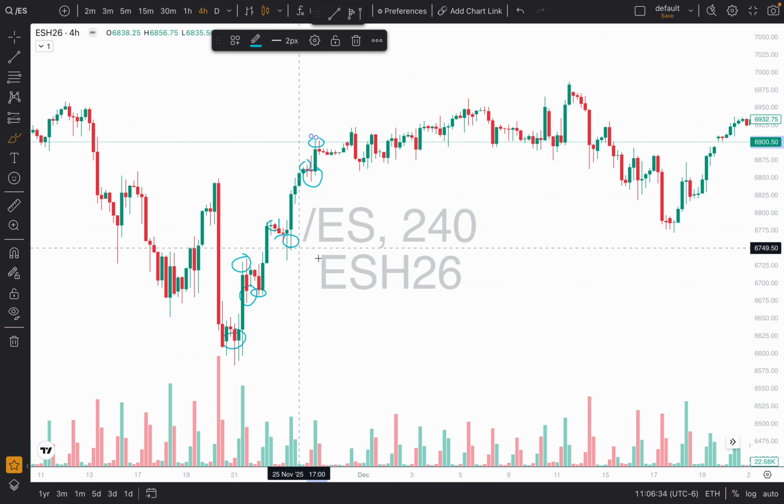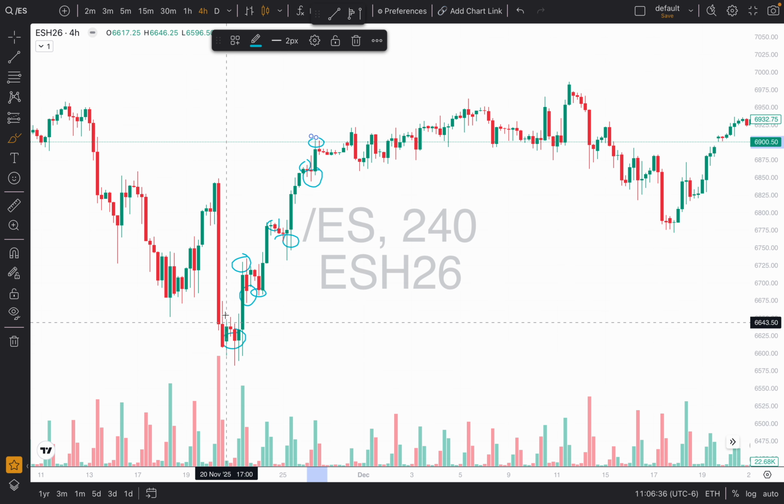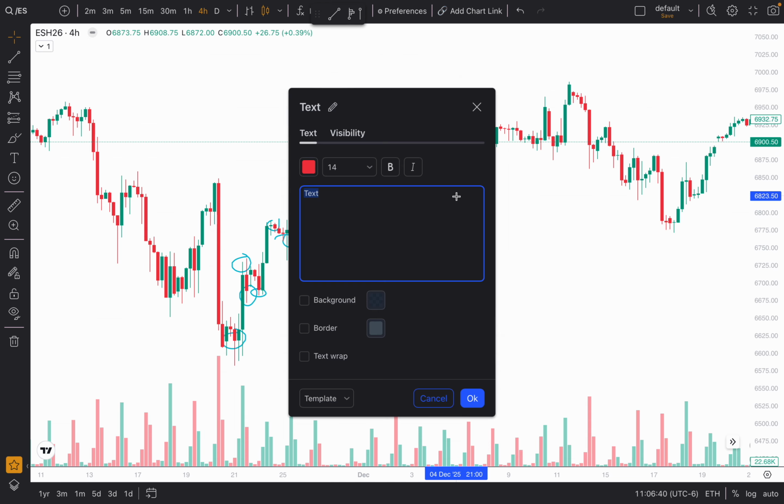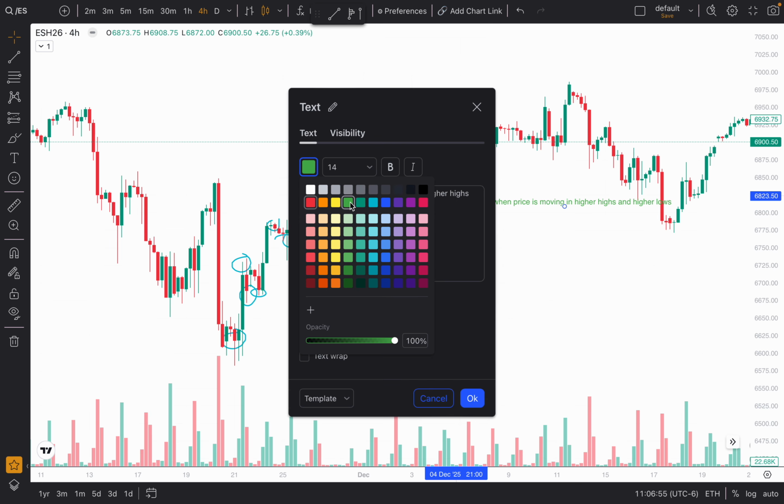So, as you can see, an uptrend is when price is moving upwards, right? So, uptrend is when price is moving in higher highs and higher lows. Simply the opposite of a downtrend.